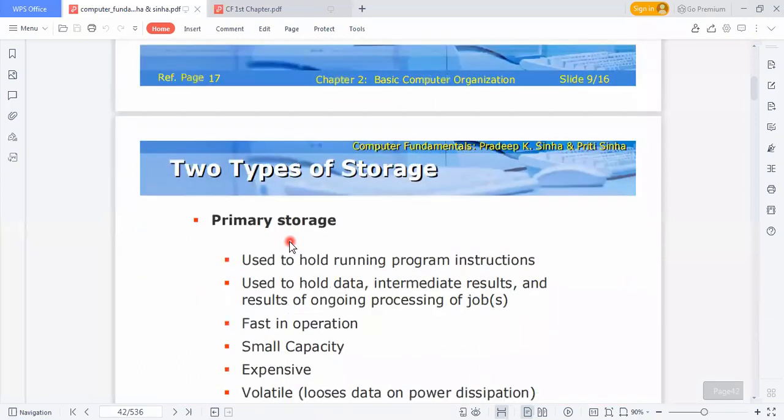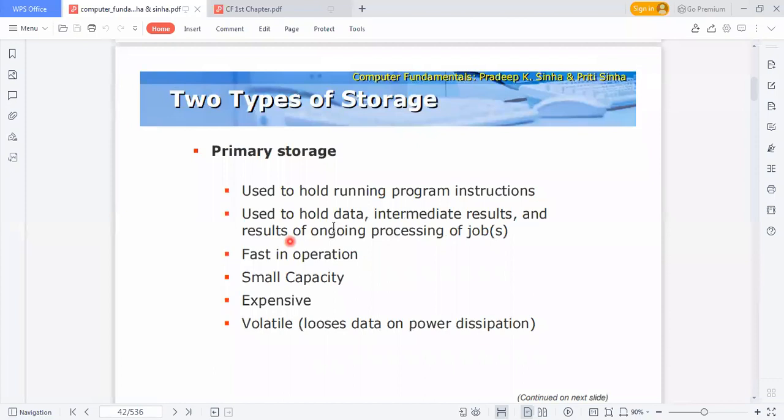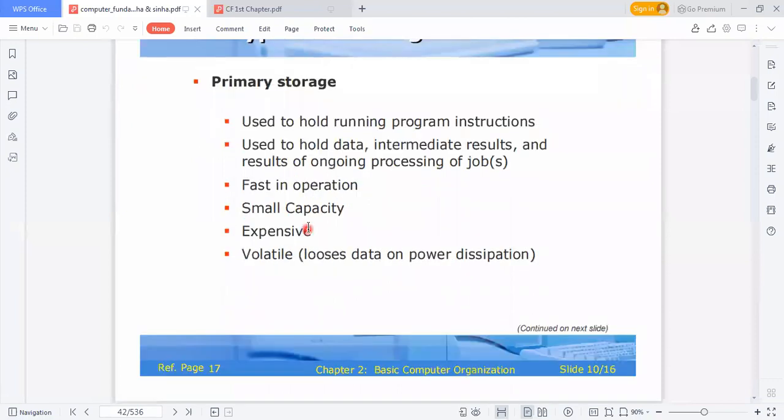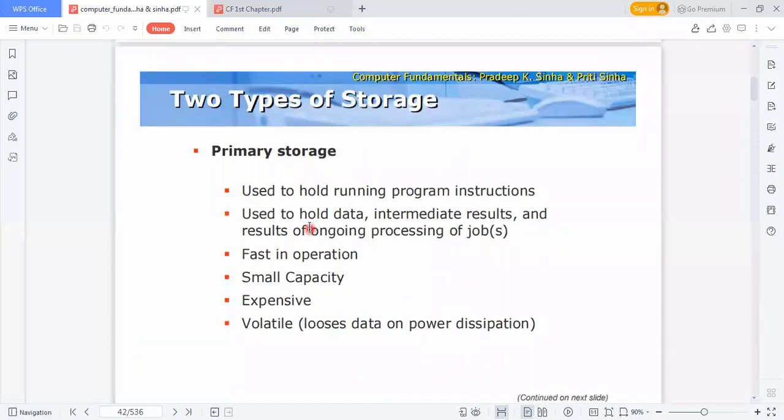You must know there are 2 types of storage. One is primary storage, another is secondary storage. So what are the functions or characteristics of primary storage? Primary storage is used to hold running program instructions, and to hold data, intermediate results, and results of ongoing processing of jobs.